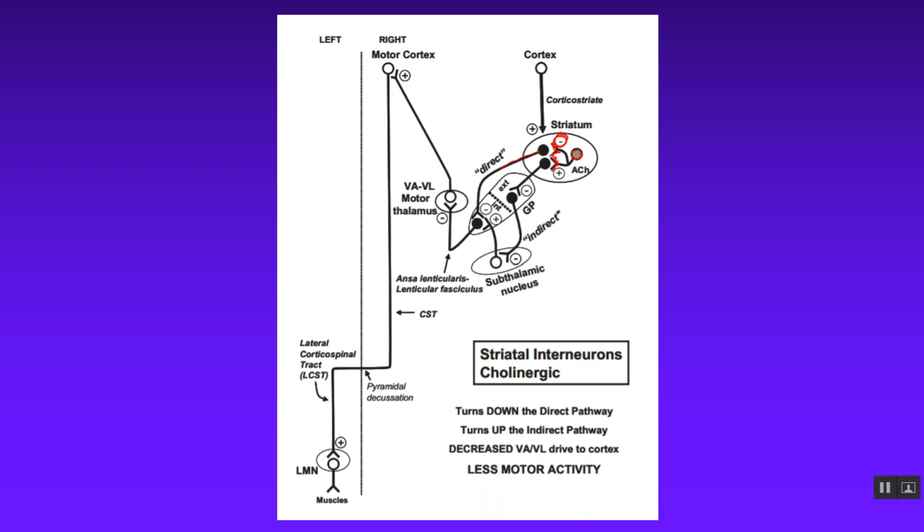The combined effects of acetylcholine turn down motor activity. The combined effects of dopamine turn up motor activity. Acetylcholine doesn't have quite as strong an effect as dopamine. Dopamine wins in most cases, but acetylcholine does play a role. It's in the background, counteracting basically what dopamine does. So these are all just ways you can nuance and influence the output of the basal ganglia, okay?